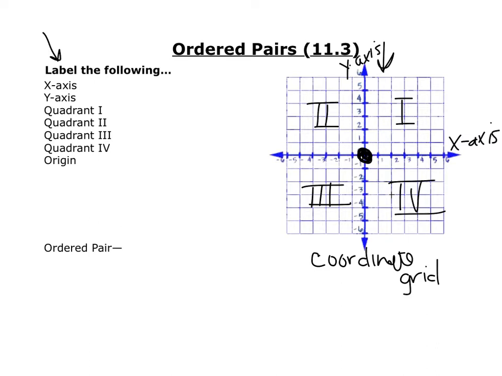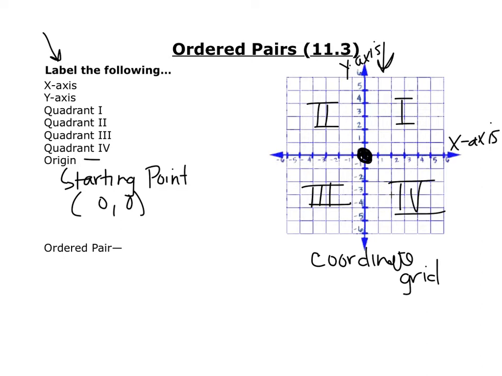That's where everything starts from. Whenever you're graphing any kind of point, you're going to start from the middle. Okay? What you should know about the origin, we're going to write a little note over here, is that it obviously is the starting point. And it is located at 0, 0. It's right in the middle there.